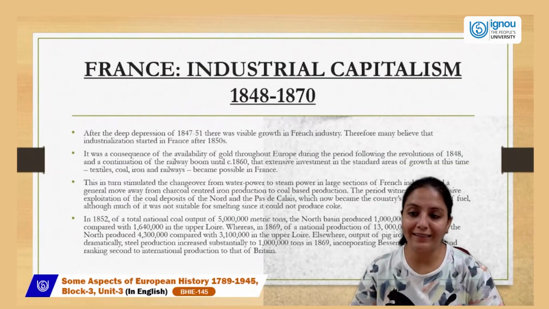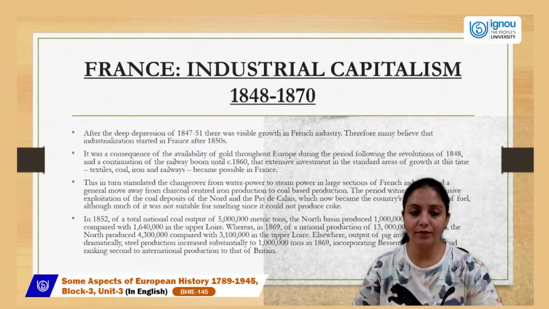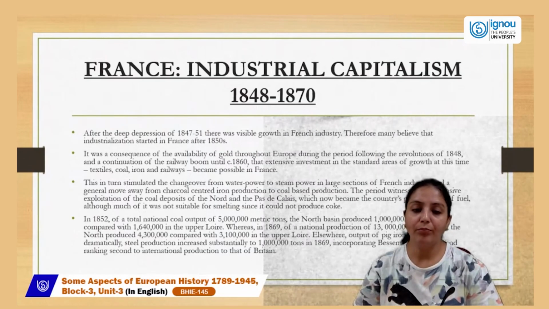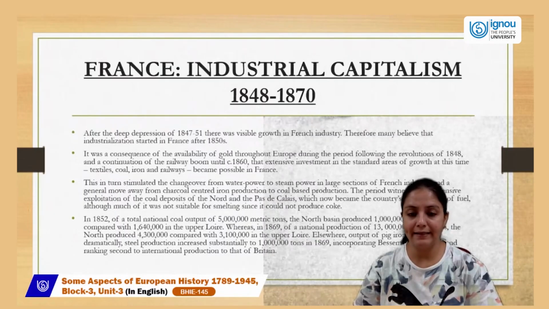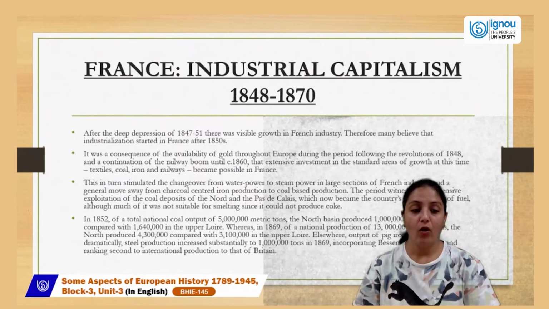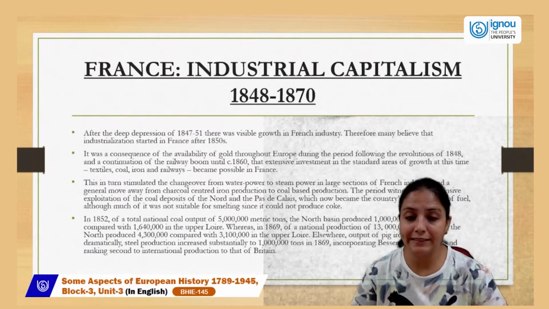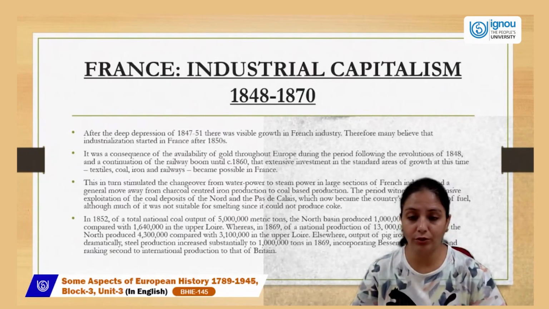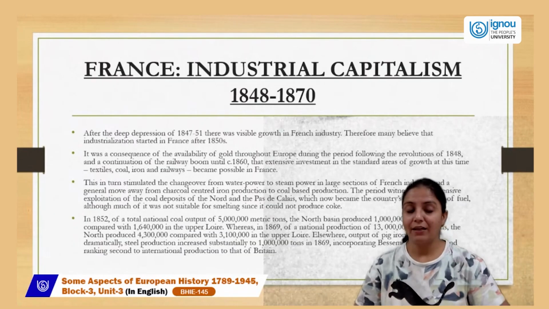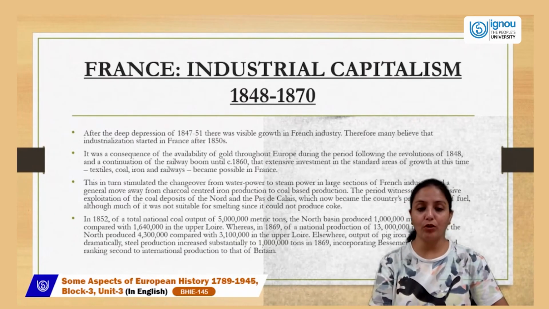The period witnessed the extensive exploitation of the coal deposits of the Nord and the Pas de Calais, which now became the country's prime source of fuel, although much of it was not suitable for smelting since it could not produce coke.